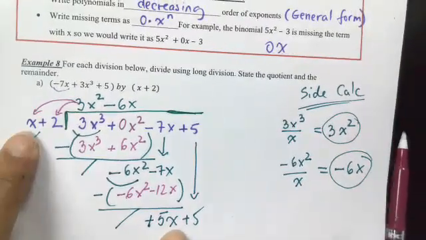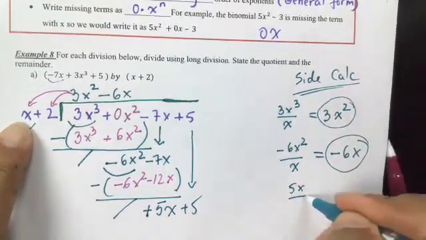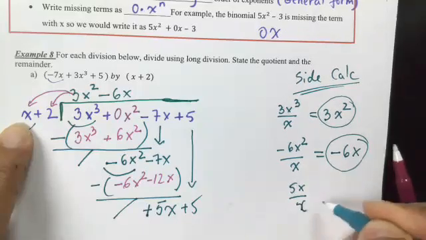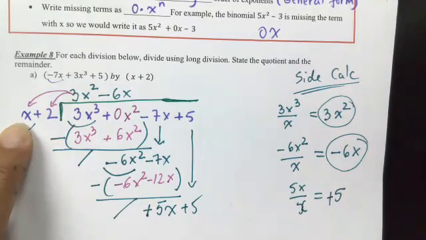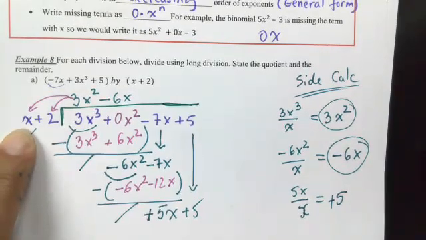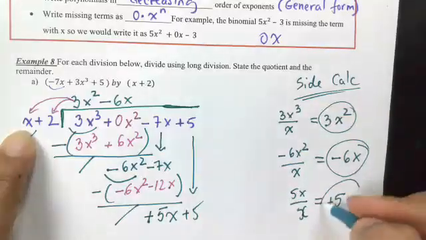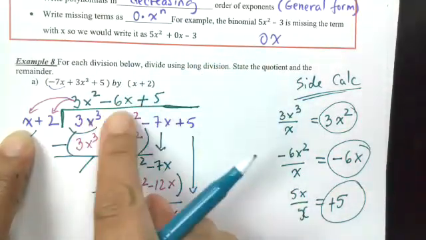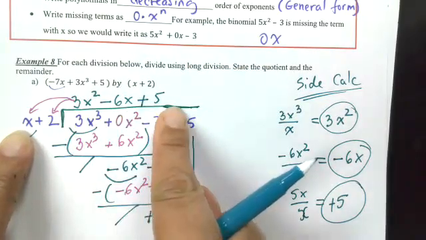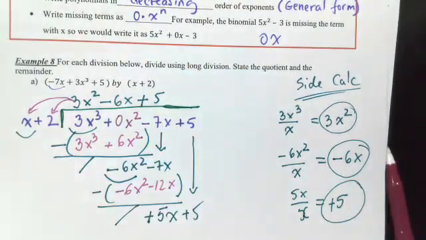5x, can we still divide by x? Yes. So 5x divided by x, we get positive 5. I like to put plus 5, positive 5, so then when you put it in the answer, you know it's plus 5. You don't just put 5 there. You don't want to put negative 6x5 there. So negative 6 plus 5.